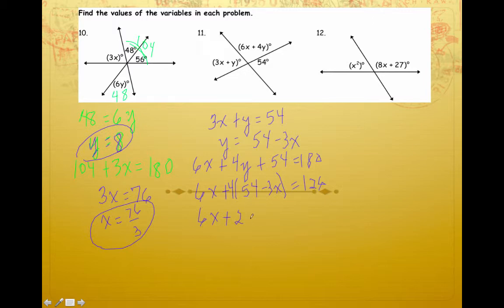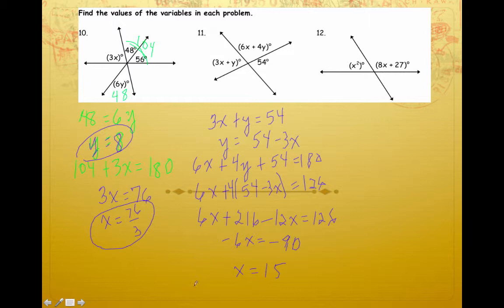So 216 minus 12x is 126. So 6x minus 12x gives minus 6x over there, and 126 minus 216 gives minus 90 over there. So x is 15, dividing by the negative 6.